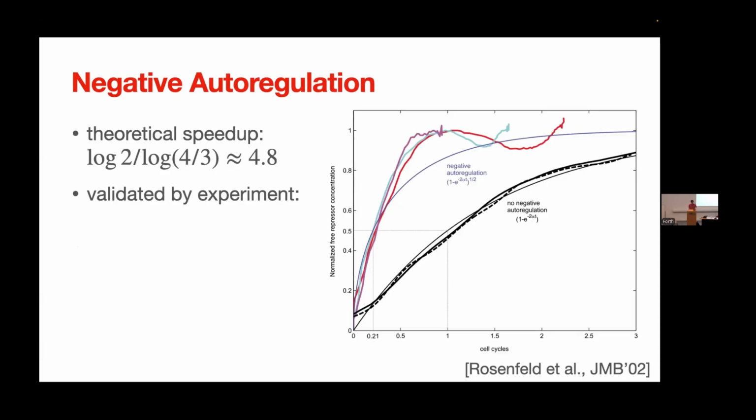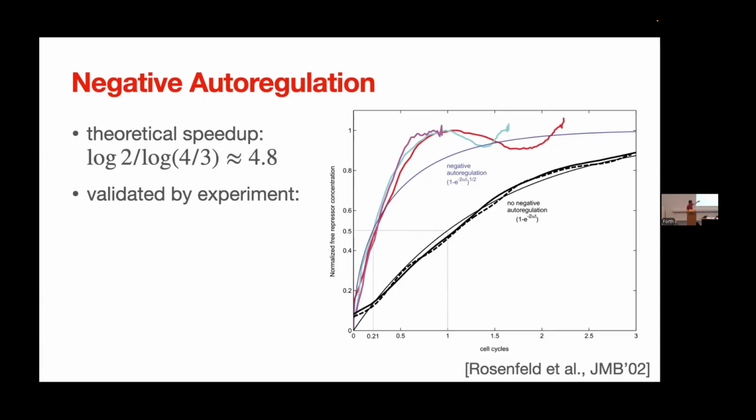So negative auto-regulation, it's weird why you would have that. You're expressing a gene and the gene pretty much directly turns yourself off. It turns out that this has an accelerating effect on the system. You can work out the math. I skipped it here, but it will be on the slides. And you can also see that experimentally. Here, the authors did two different things.